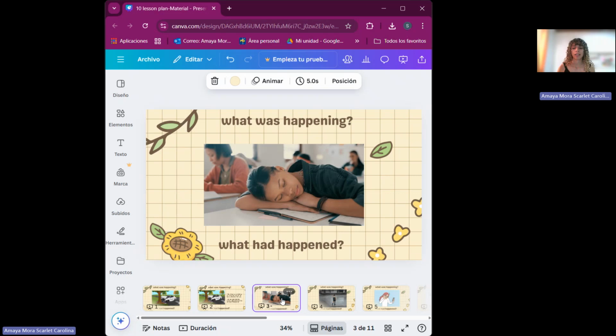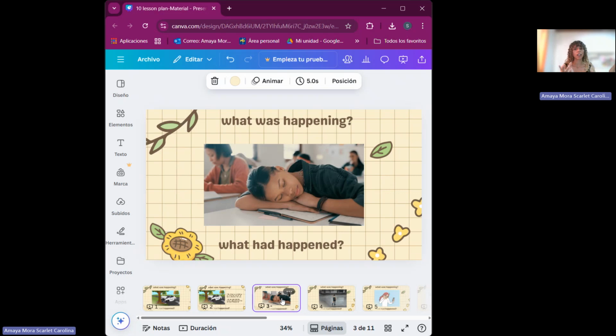For example, for what was happening, you can say she was sleeping during the class. There are two actions. She was sleeping. And what had happened? She had stayed up all night before the class.